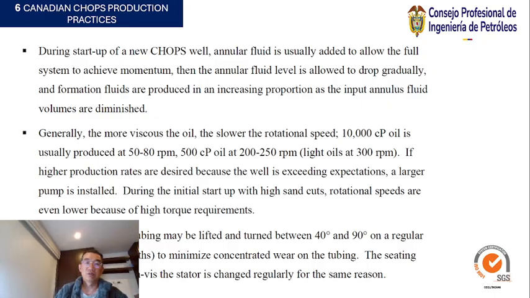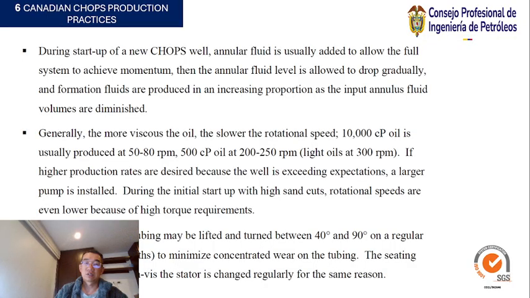Generally, the more viscous the oil, the slower the rotational speed. 10,000 cP oil is usually produced at 50 to 80 rpm. 500 cP oil at 200 to 250 rpm. Light oils at 300 rpm. If higher production rates are desired because the well is exceeding expectations, a larger pump is installed.